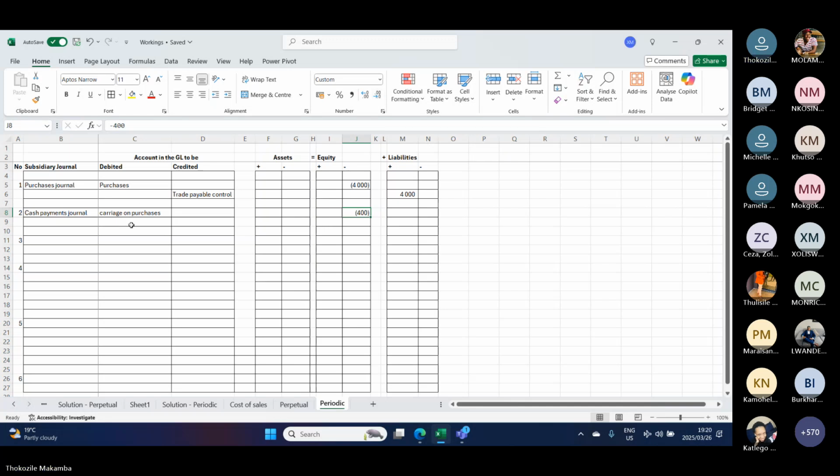Which account are we going to credit? Bank, because we paid by EFT. Now, what does the bank do? The bank reduces assets. Everyone happy with that? So essentially, your equity is going down and your assets are going down by 400 Rand.